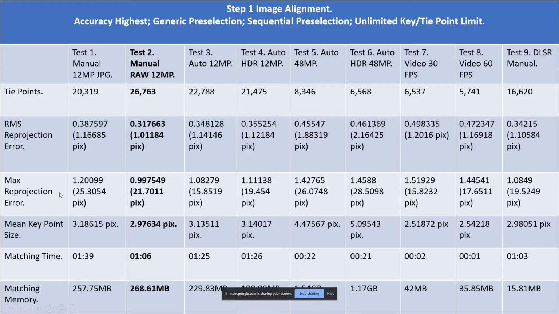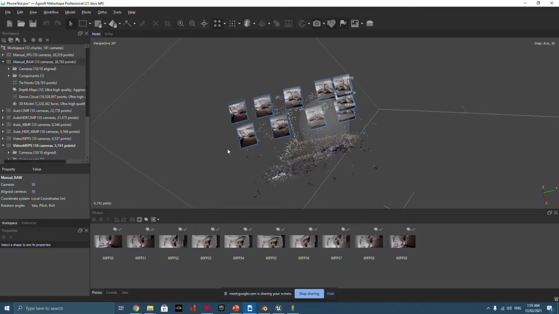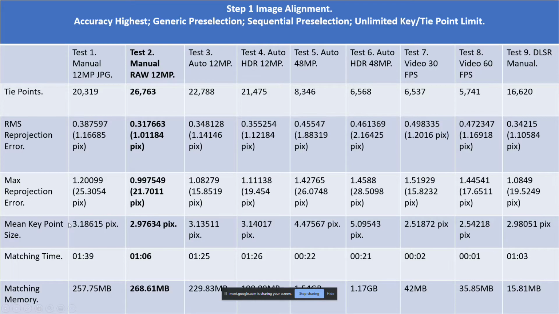The next one is the mean key point size. Again, that relates to the matches in the imagery. If you have a point that is observed in many photos, for example all 10 photos, that would correspond to a smaller mean key point size.